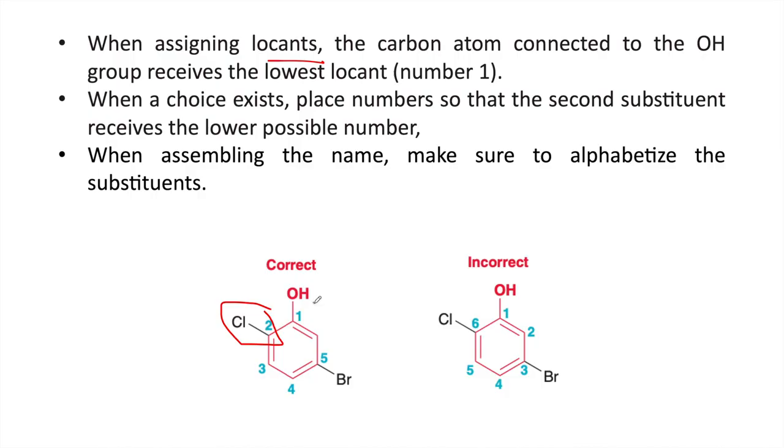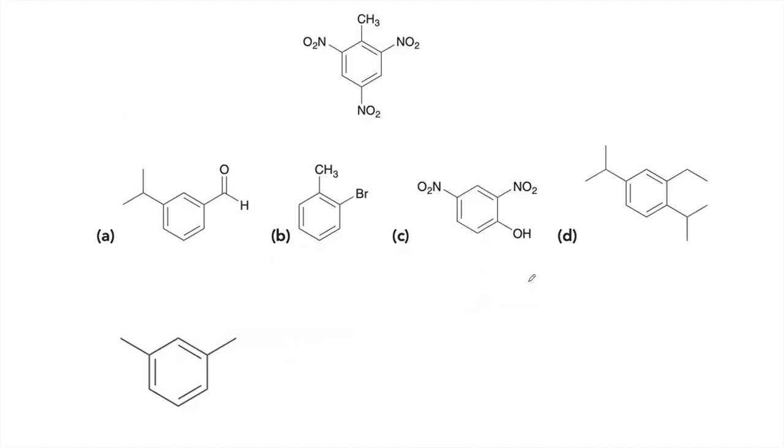For example, in this phenol, the 2-chloro substituent is getting a lower number, but if you number it this way, it is getting number 6. So the nearby substituent should get the lower number. This numbering is correct and this is incorrect, because chloro is getting 2 here, but it is getting 6 here. Now you can try this exercise by yourself and try to give nomenclature of these molecules.